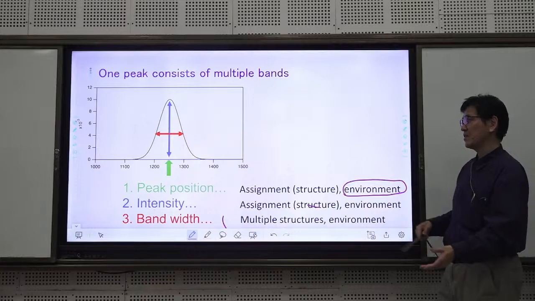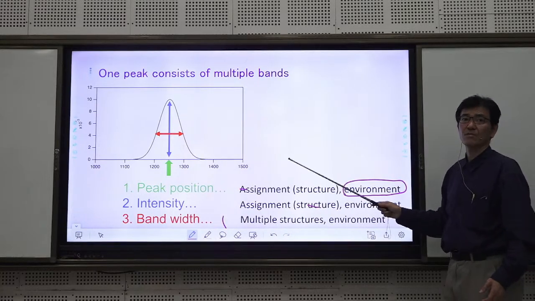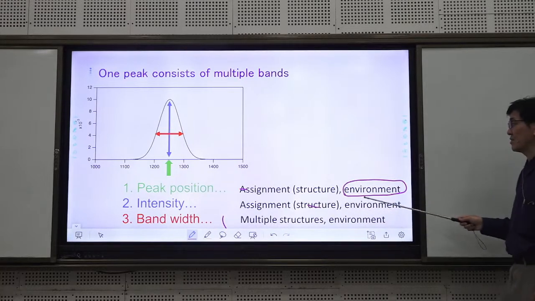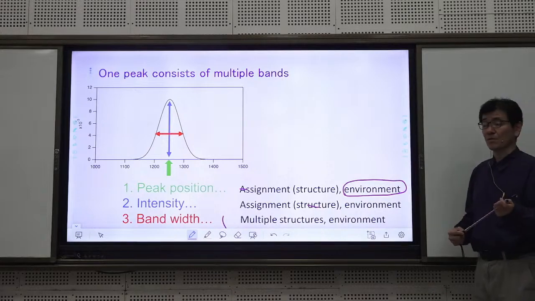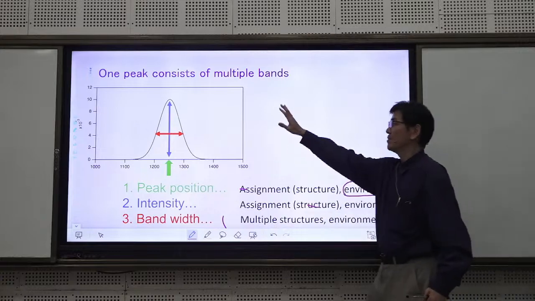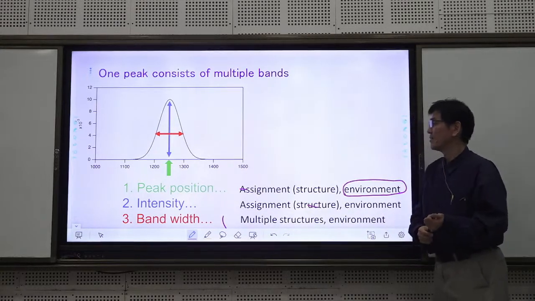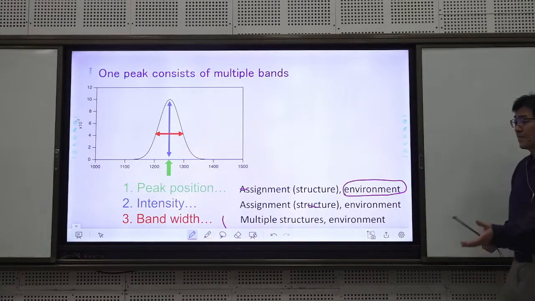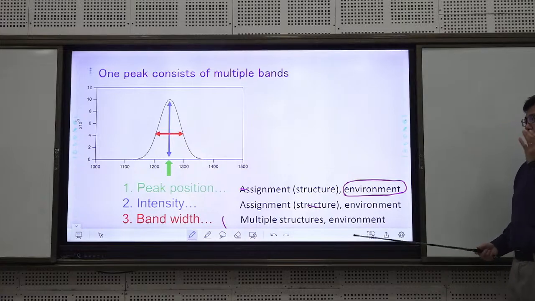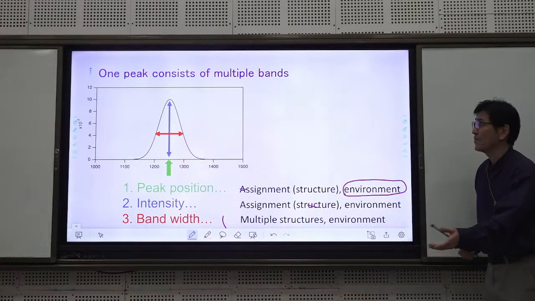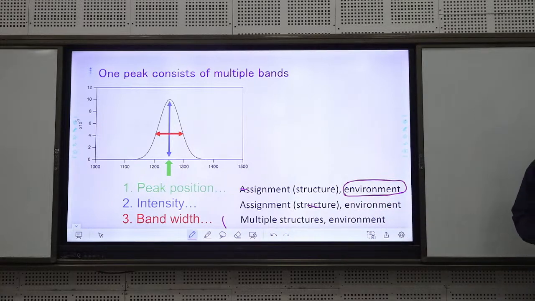In this case, this assignment is not appropriate, or this assignment is appropriate, but you didn't consider the environmental dependence. So through the discussion, you will learn how to interpret spectrum. Okay, so this is very fundamental knowledge, but by completing these checkpoints, discussion becomes smoother. So please know these features.